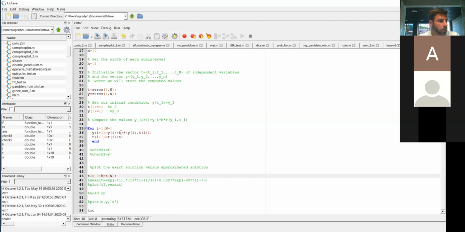So what I want to do is tell it what numbers to graph. I have those here. Those are the domain. And then my exact solution, we found the exact solution. What was it?